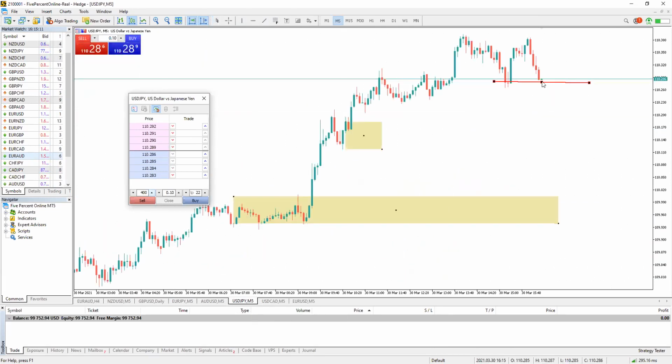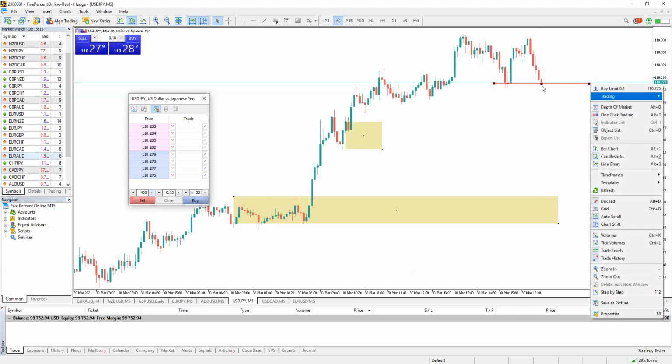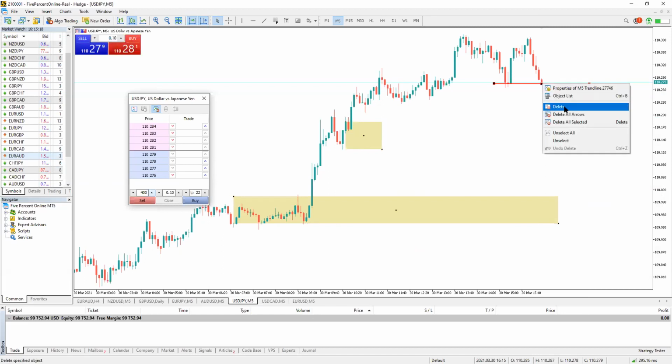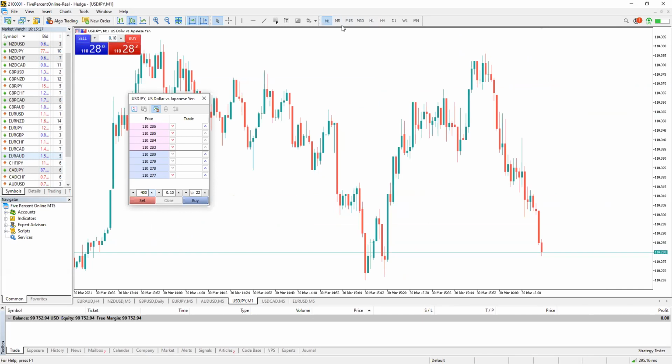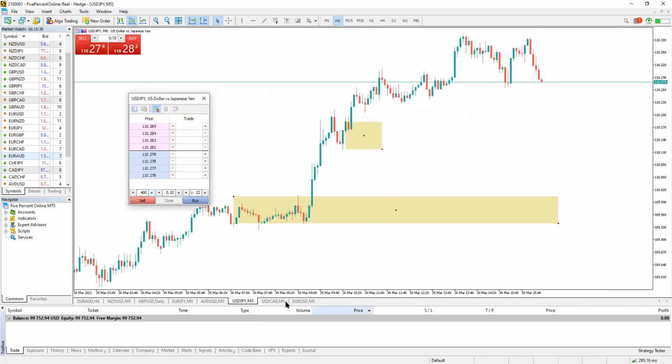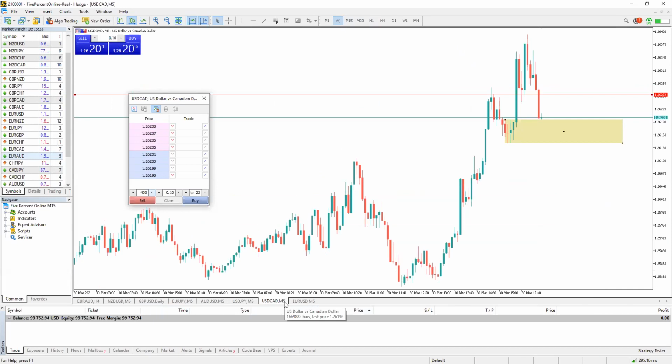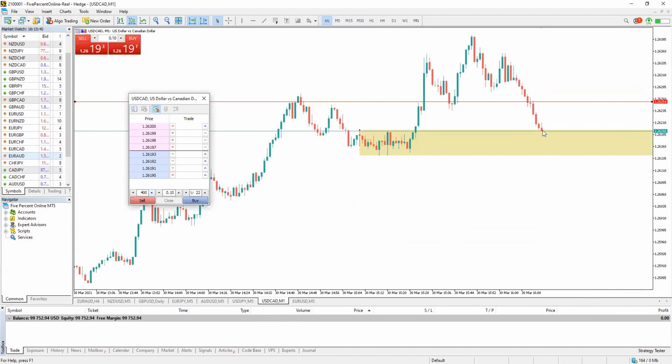Okay, so we're getting ready on our setups. Now let's see if we can buy here. I like the overextension here.